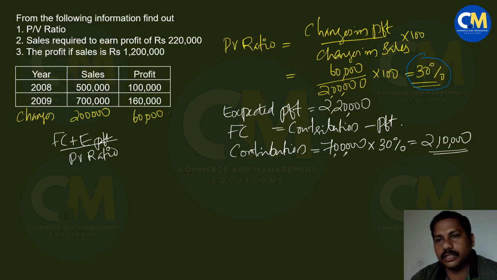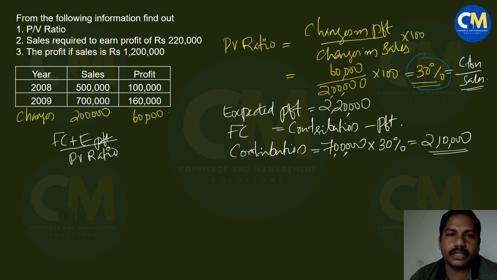We can use this equation also: PV ratio means contribution divided by sales into 100. From the sales value of 7 lakh we can calculate the contribution, so contribution is equal to 2 lakh 10,000.